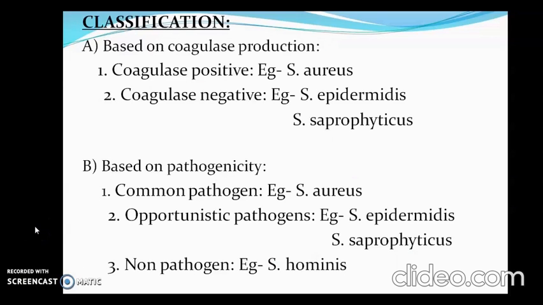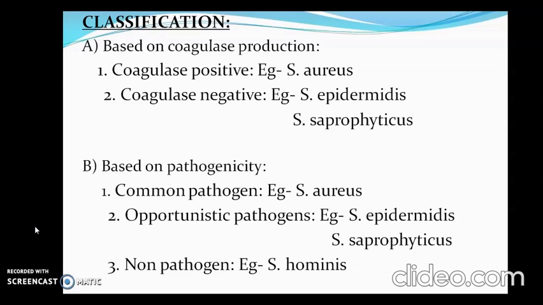Let's see the classification of Staphylococcus. Firstly, based on a chemical test known as the coagulase test. An example of a coagulase positive organism is Staphylococcus aureus, and negative organisms are Staphylococcus epidermidis and Staphylococcus saprophyticus. The next classification is based on pathogenicity.